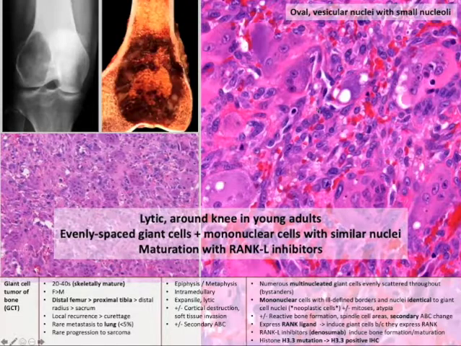These are evenly spaced giant cells with evenly spaced mononuclear cells, where the nuclei of the mononuclear cells appear very similar to the nuclei of the giant cells. This is in contrast to chondroblastoma, right, where the nuclei are kind of curved and wrinkly, and the nuclei of giant cell tumor are open with nucleoli, all right? These can have histone H3.3 mutations, so that can be helpful for your diagnosis.